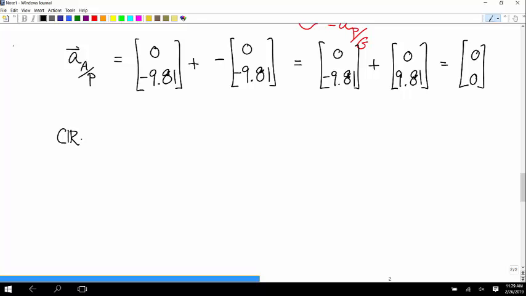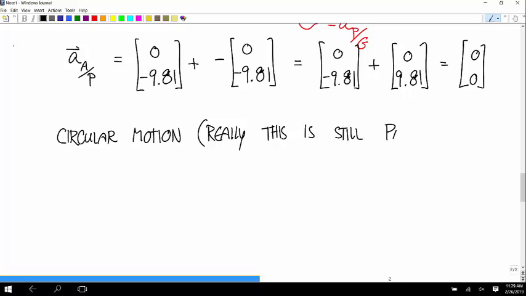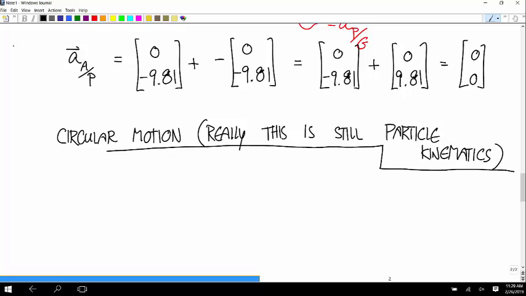Circular motion, I'm going to call that its own topic, but really, this is another branch of particle kinematics. This is not going to be on the test.